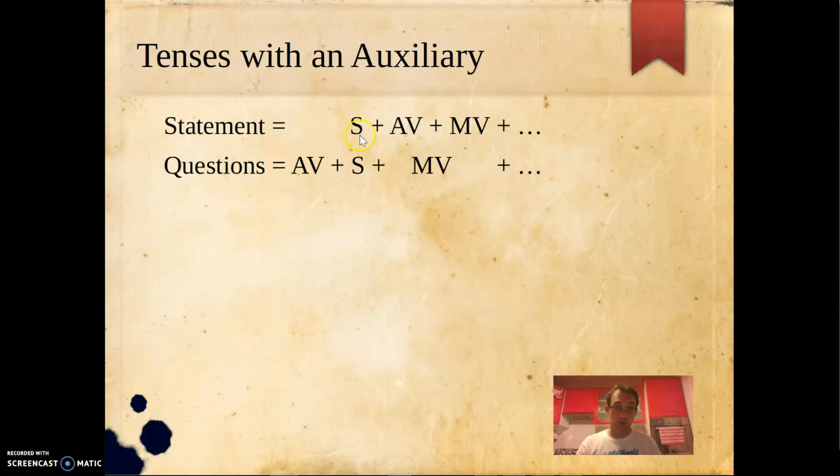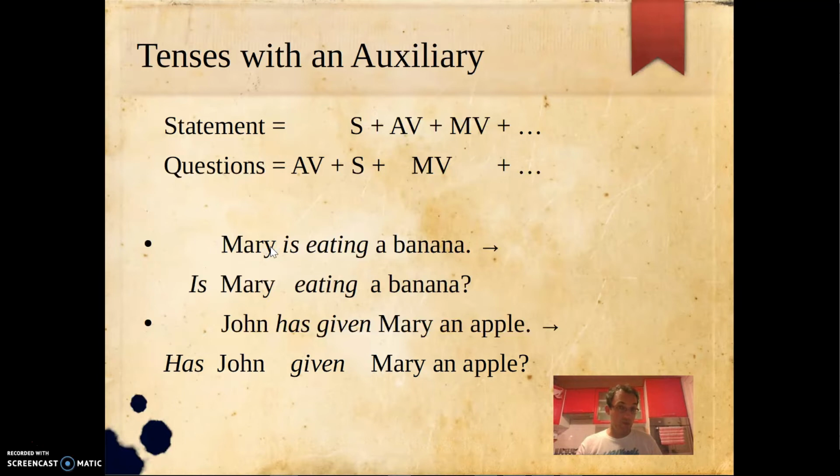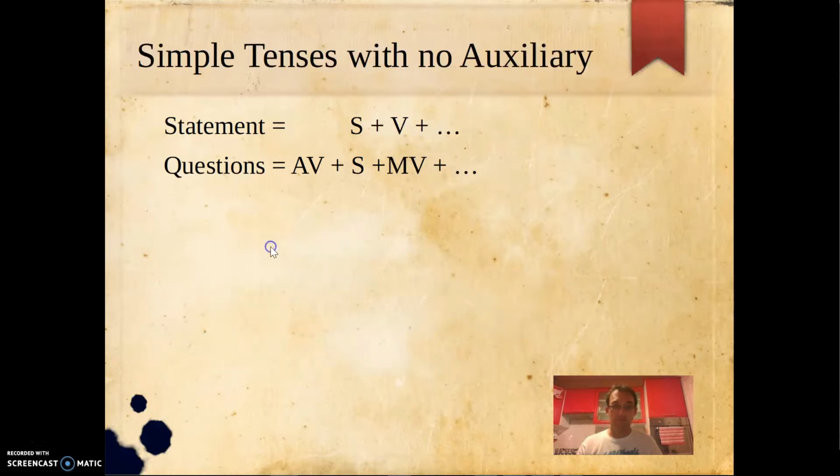It's called an inversion. So, Mary is eating a banana. Swap is and Mary. Is Mary eating a banana? As simple as that. John has given Mary an apple. Has John given Mary an apple? Right? Clear. Great.